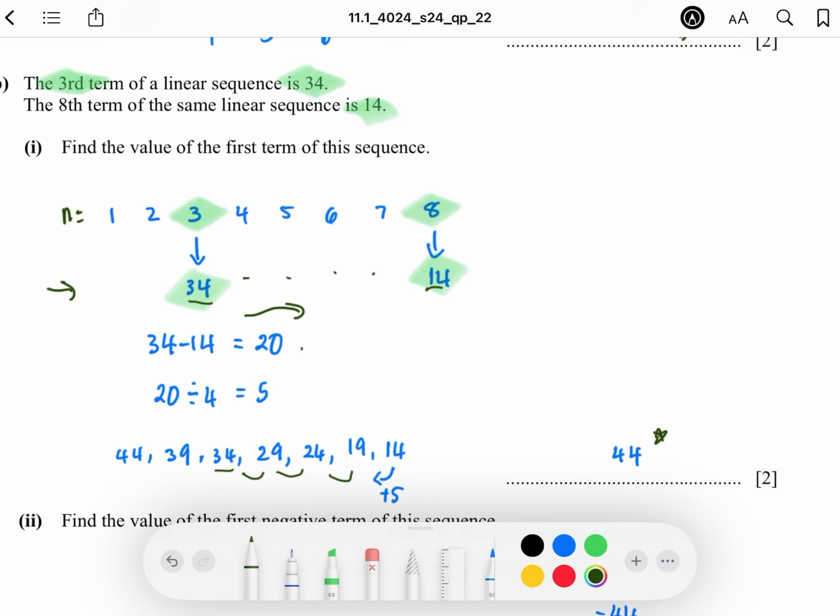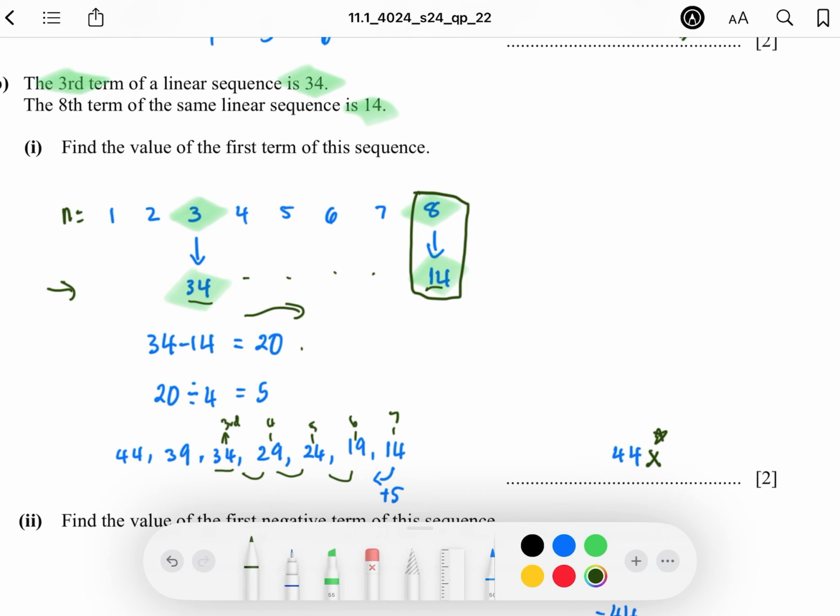Minus 5. However, if this is the third position, that means 4, 5, 6, and that is the 7th, not the 8th. It's supposed to be that the 8th is 14. So that means that's where this is wrong.